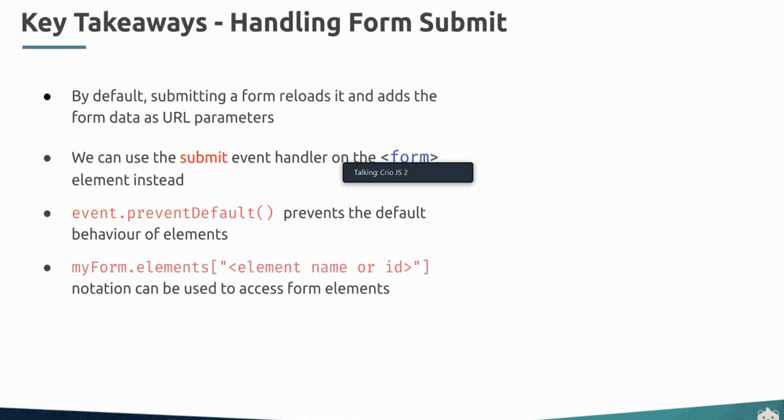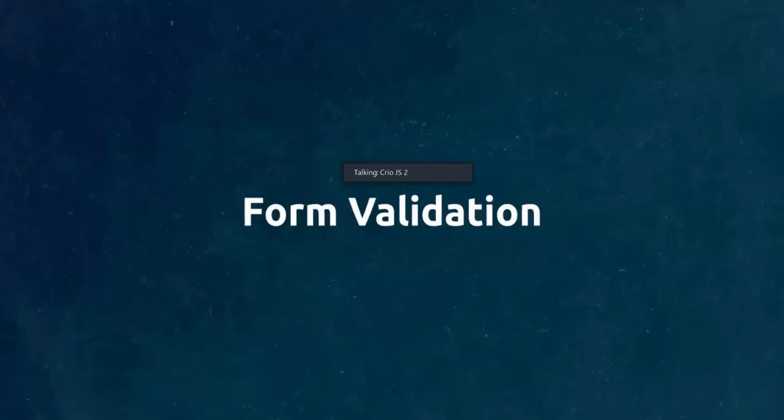How could we do that? We would call myForm.elements. Here myForm is the form which we have selected by using document.getElementById, where we have passed the name or the ID, and then we get the value by writing dot value. I hope that's clear.